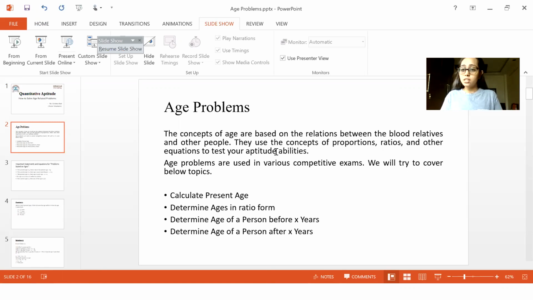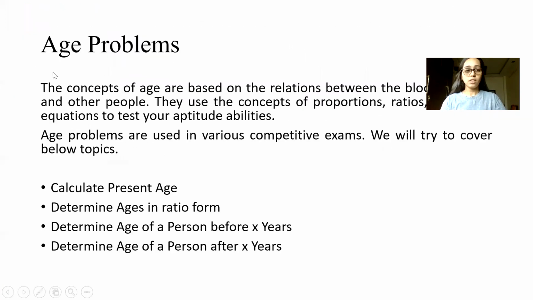So today we'll cover this topic and see what we can achieve at the end of the session. As you can see on the screen, I'll just start sharing. Here there are various types of problems. The first one is calculating the present age.